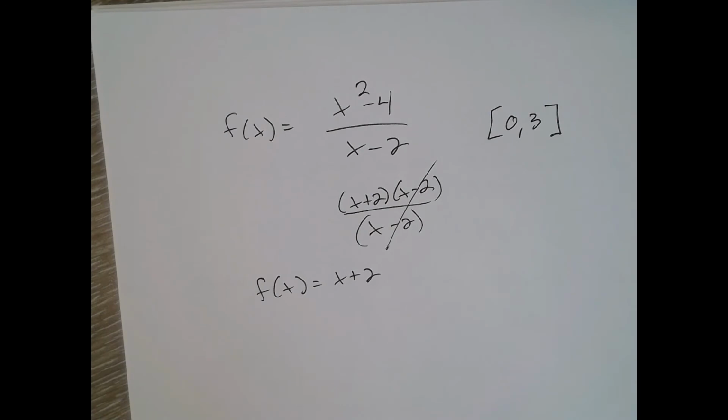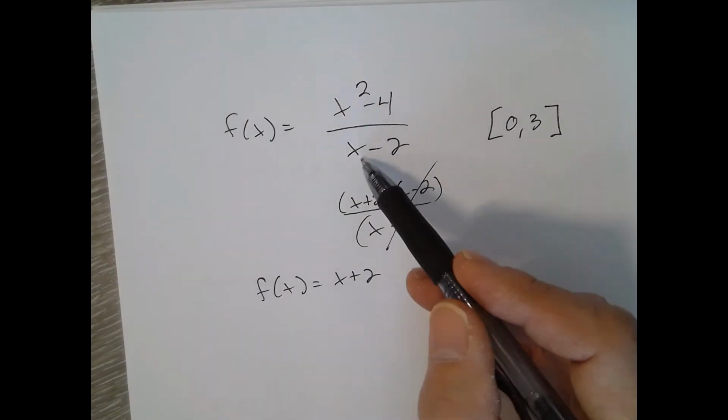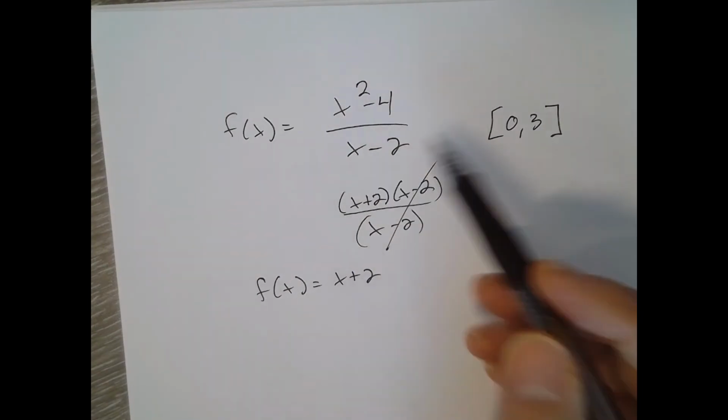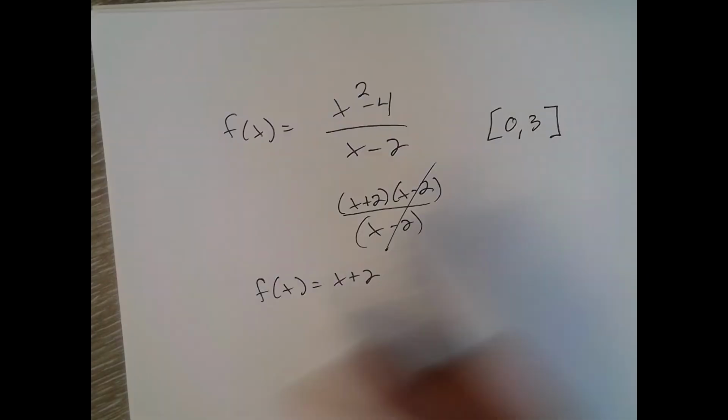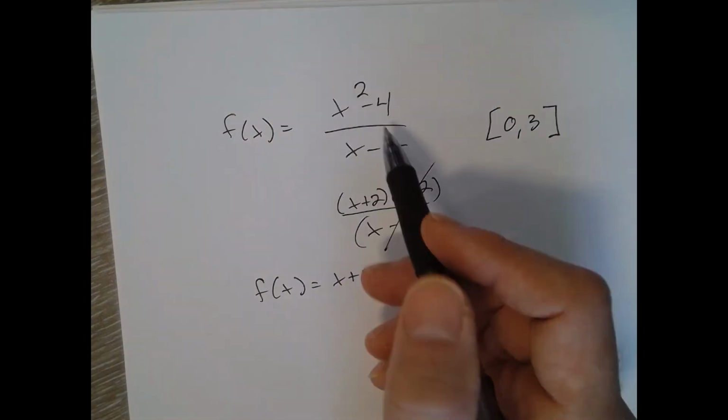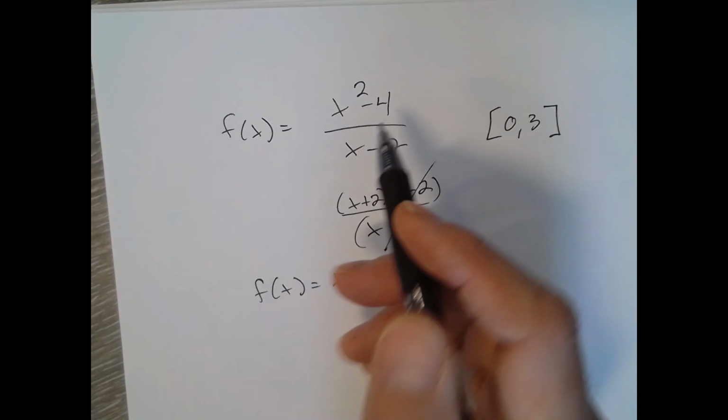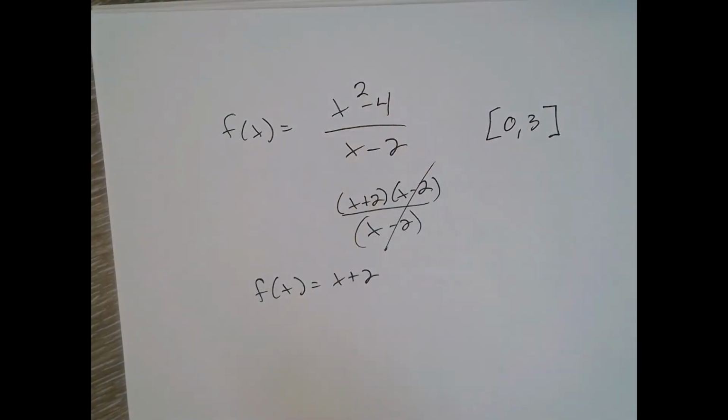Okay, so part A says, why is it not continuous? Well, because 2 makes the bottom 0, and that is removable discontinuity. So use areas to show that the integral of f of x from 0 to 3 is 10.5. So maybe this will be an explanation to kind of do together.